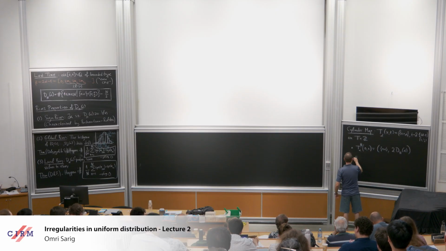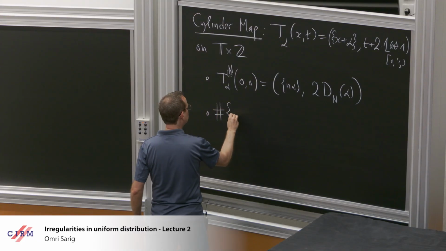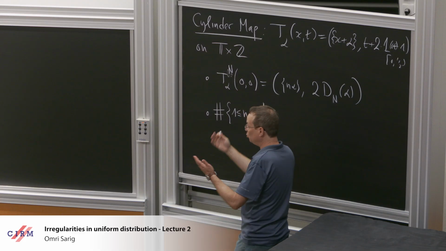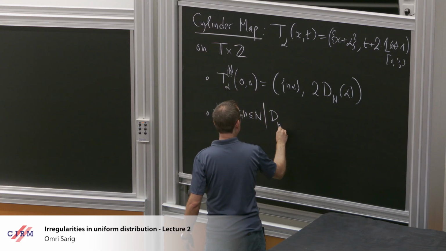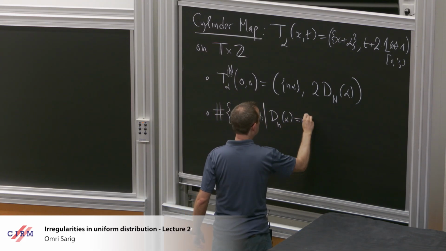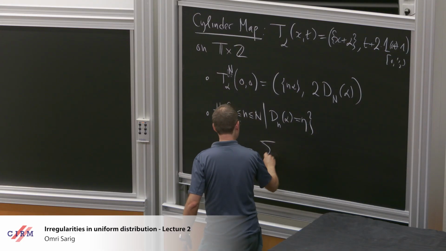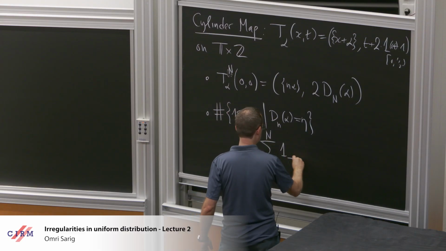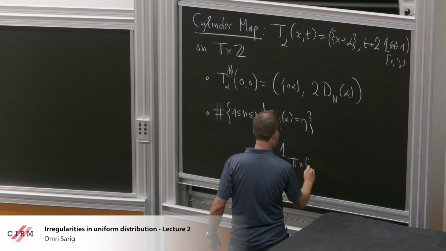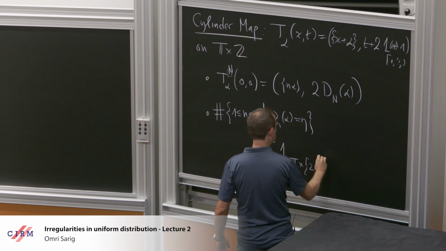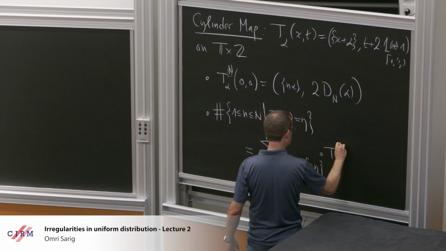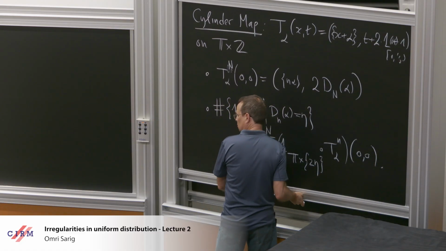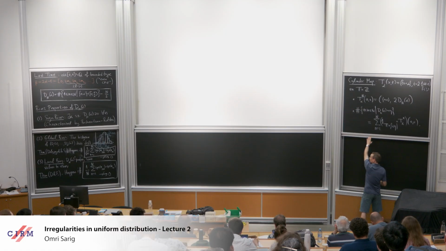So this quantity is also very important for us. This is the quantity that appears when you look at the histogram. This is this Birkhoff sum. These are just obvious identities, just a direct calculation.